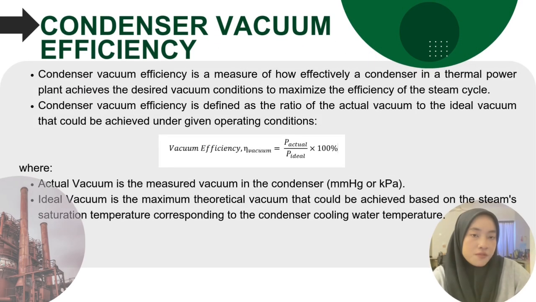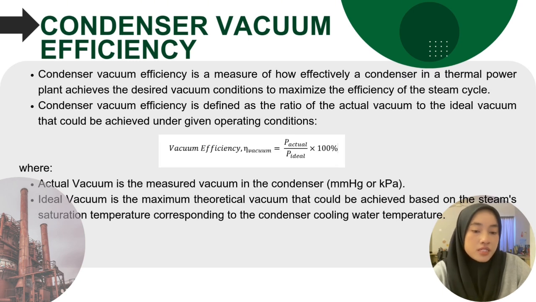Firstly, for the vacuum efficiency, condenser vacuum efficiency is a measure of how effectively a condenser in a thermal power plant achieves the desired vacuum conditions to maximize the efficiency of the steam cycle.